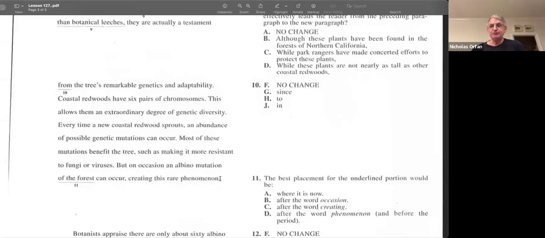So that's where this belongs, because an albino redwood is a rare phenomenon of the forest, because the forest has regular redwood trees everywhere. And this one is a rare mutation, a rare phenomenon of the total forest of redwood trees. So the right answer to 11 is D, after the word phenomenon.